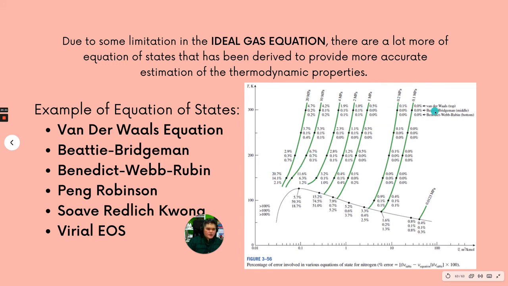Maksudnya kalau contohnya let's say we are using van der Waals punya equation at higher pressure, maybe not that good. Okay, you can start to see that at lower pressure, okay, boleh pakai. Tapi bila dia dah masuk higher pressure, the error can be as much as 20.7% at low temperature. Tapi kalau kita guna Benedict-Webb-Rubin, which is at the bottom, okay, at low pressure is okay, good.